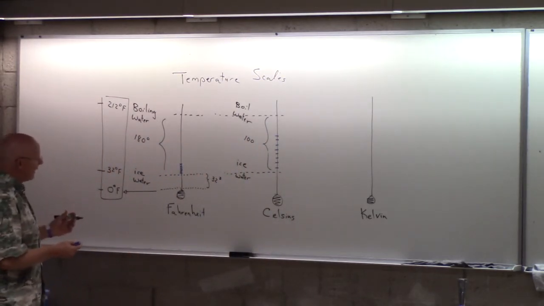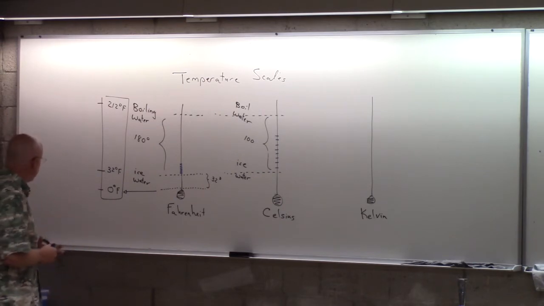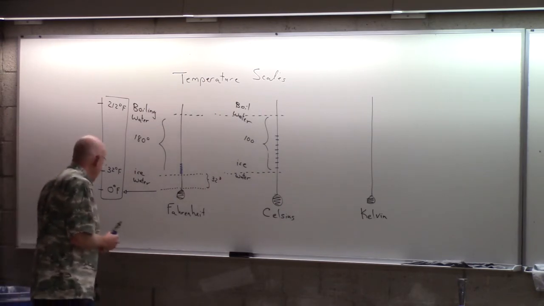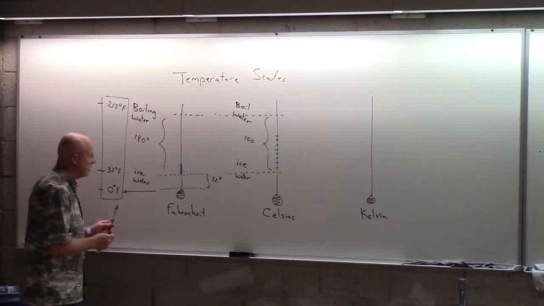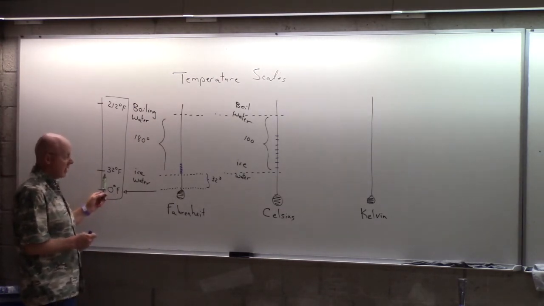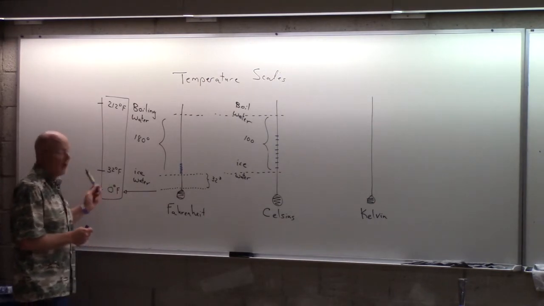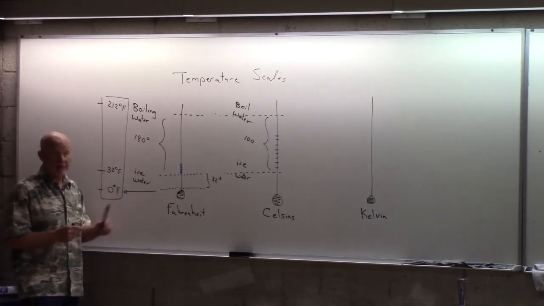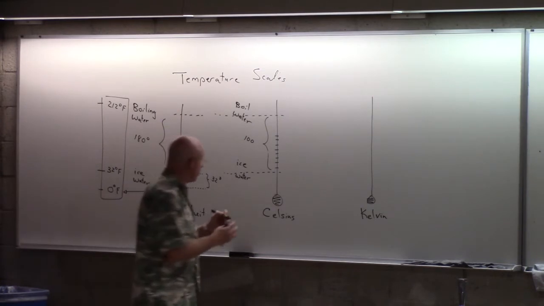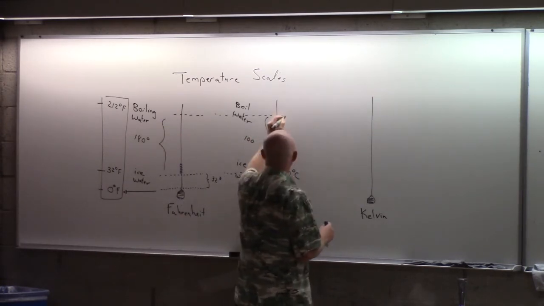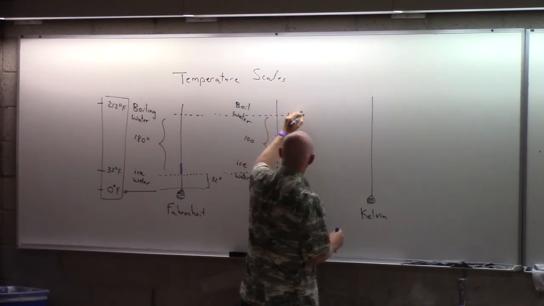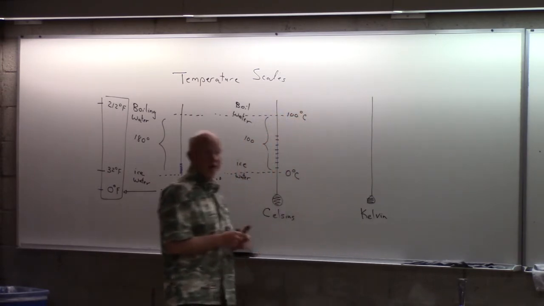Now, the other thing that Celsius wants to improve upon is where you call 0. Since salt water was kind of a poor choice, but ice water is a great reference place, why don't we call that the 0? And so Celsius changes it and calls this 0 degrees Celsius, making then boiling water 100 degrees Celsius.